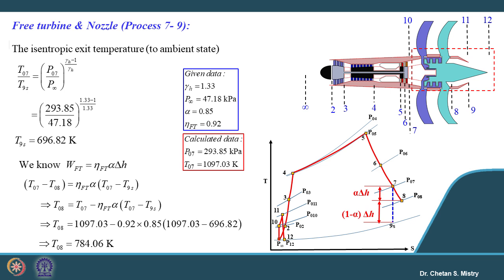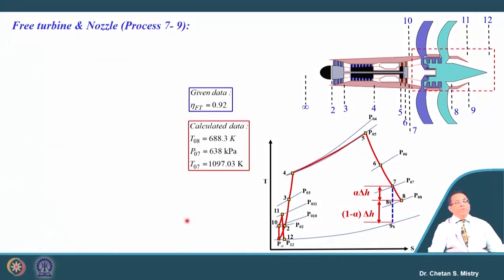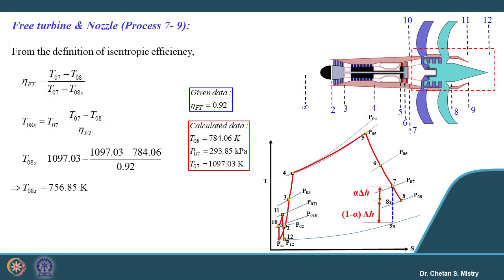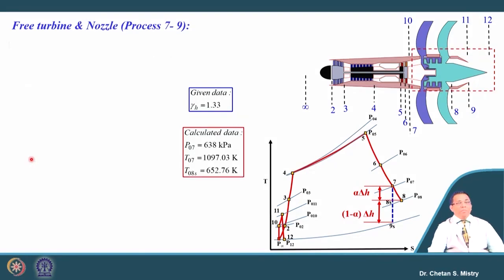Now, what is our next requirement? We need the pressure, because P08 is the exit pressure from the free turbine and that will be the entry pressure of the nozzle. So, let us try to calculate that value. For this free turbine, based on our isentropic correlation, we can calculate the isentropic temperature, that is T08S. Now, there is a reason for this calculation, because we want the outlet pressure.